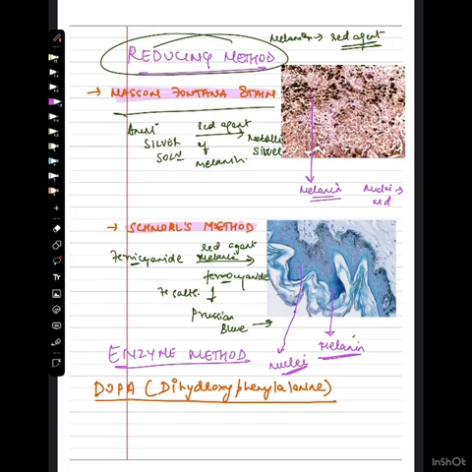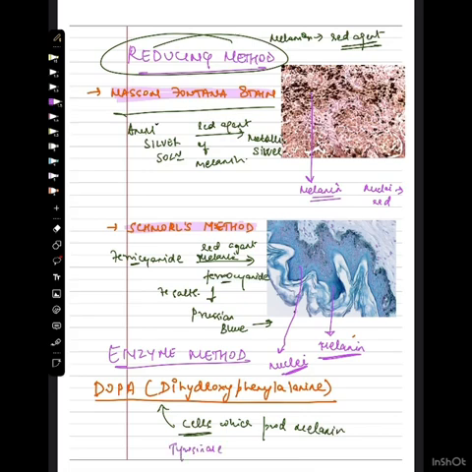The next is enzyme method. In the enzyme method, the cells which produce melanin are demonstrated by the DOPA method, which is the dihydroxyphenylalanine method. These cells have the enzyme tyrosinase.